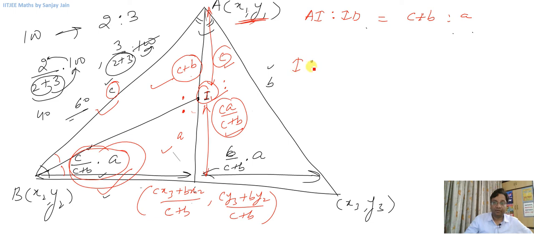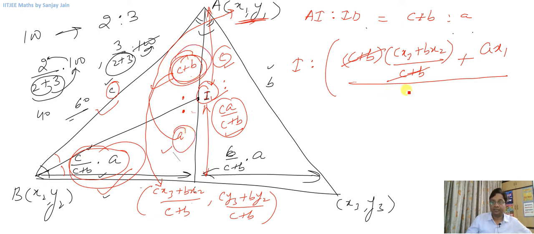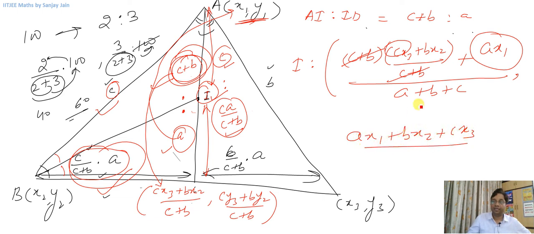So the coordinates of I will be equal to C plus B into the x coordinate of D, that is Cx3 plus Bx2 divided by C plus B. So this C plus B will get cancelled, plus A into the x coordinate of this point A, that is Ax1, divided by this plus this, that is A plus B plus C. So if we just focus on the x coordinate, this is Ax1 plus Bx2 plus Cx3, divided by A plus B plus C, right?